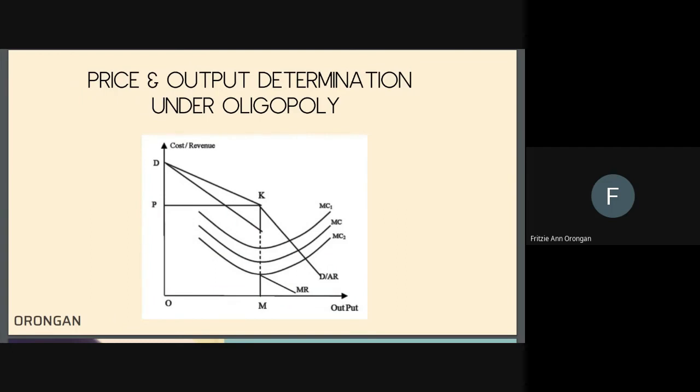The point K divides the demand curve into two parts. The DK part of the demand curve is the elastic one, while the KD1 part is the less elastic. So there is a price rigidity in the oligopoly market. The marginal cost becomes equal to marginal revenue at point E. Therefore, the output is determined as OM and the price is OP.